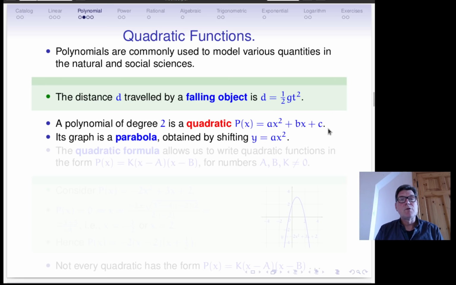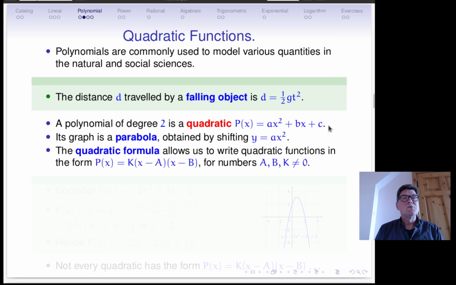When you set the polynomial equal to 0, then we know that we can use the quadratic formula to find the zeros of the polynomial, to find the values of x where p of x becomes 0. Now, these are of interest in a number of ways, and the quadratic formula allows us to find them.